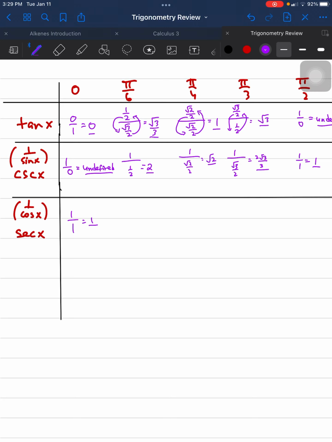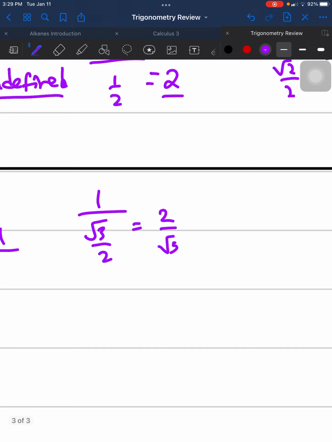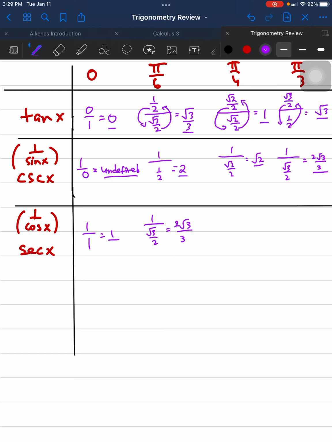Now pi over 6, cosine of pi over 6 is radical 3 over 2. So all we simply do is 1 over radical 3 over 2, and we get a value of 2 over radical 3. We multiply by its conjugate, and we get a value of 2 radical 3 over 3.